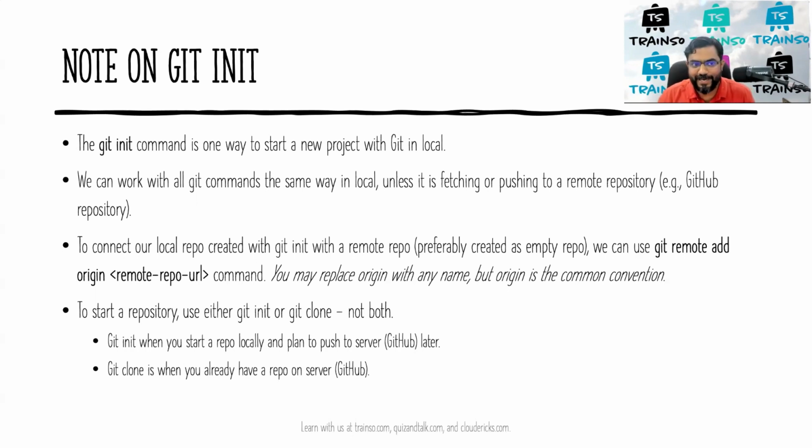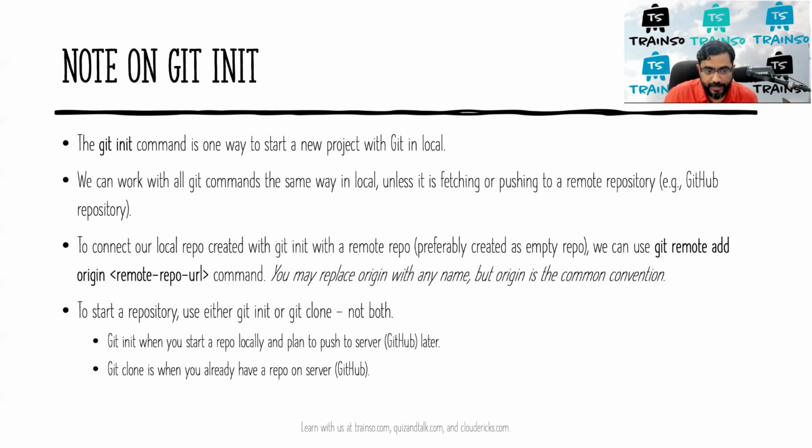But now you created directly in your local, so your local does not know, right? So what you can do, you can use git remote add origin and then the remote repo URL. On a quick note, this origin is not a command. You can give any name, but origin is the most common convention.